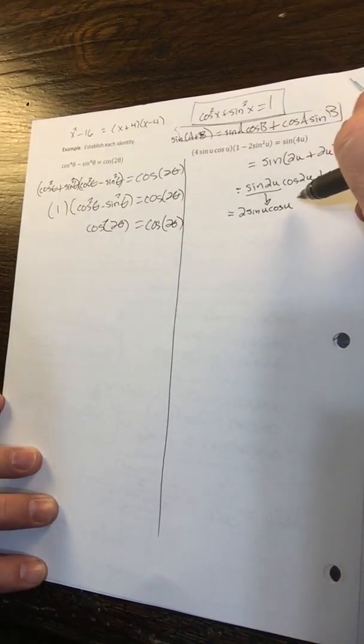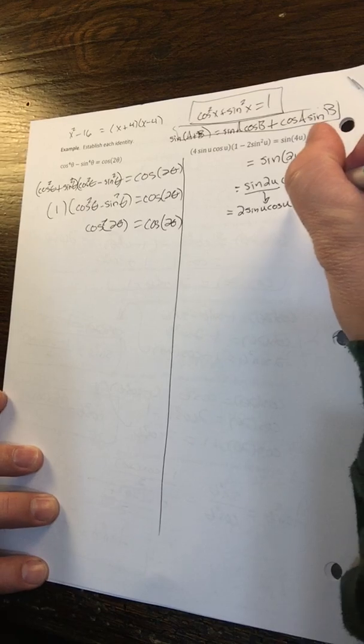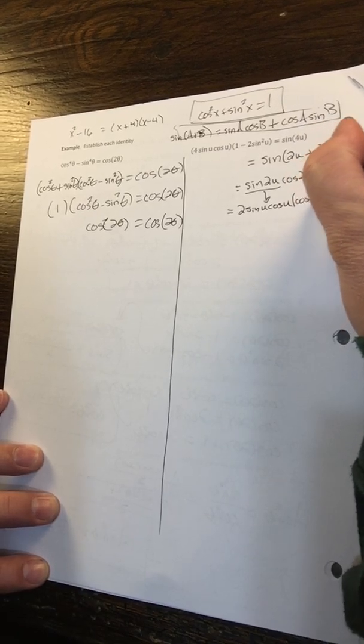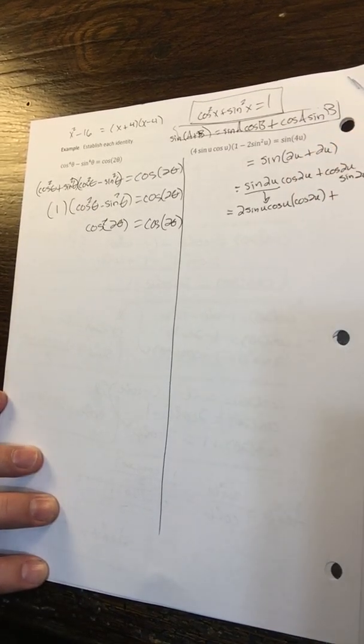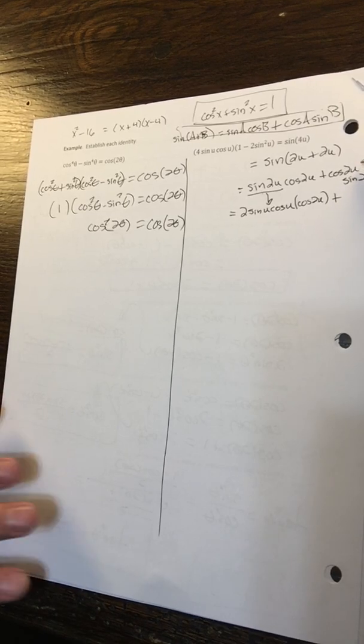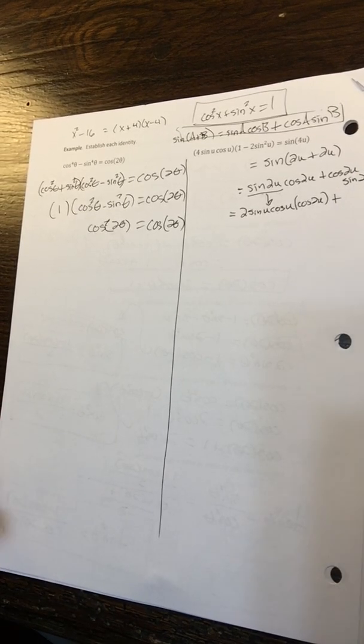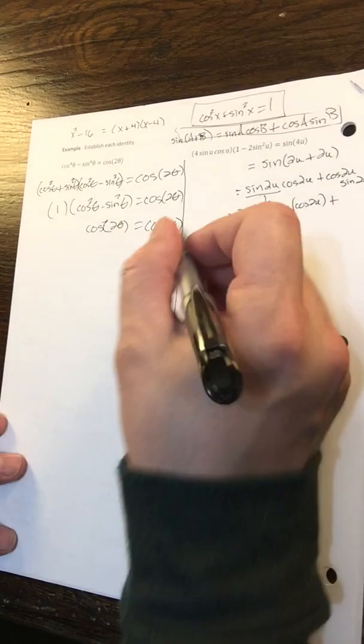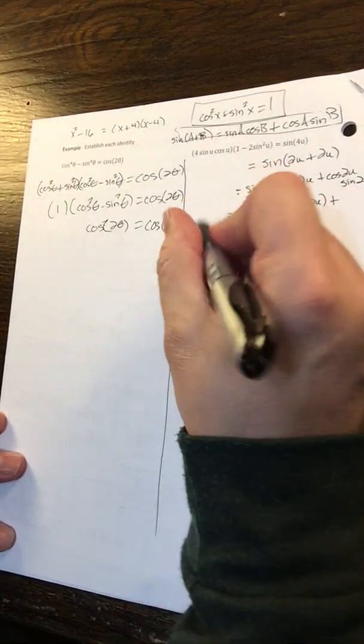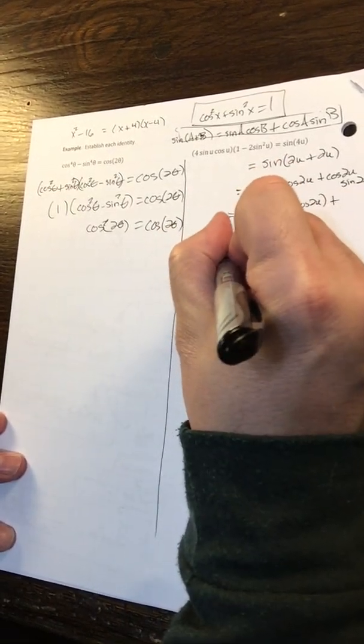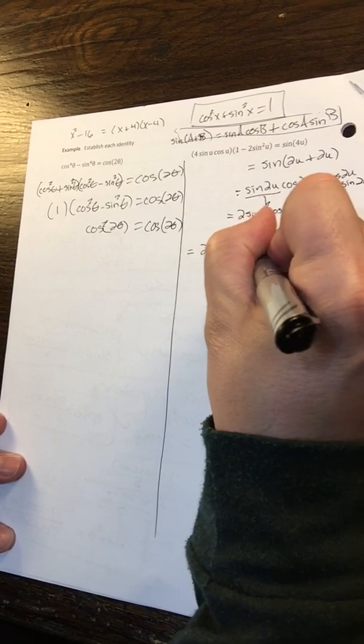Then the cosine of 2u, I'm just going to leave alone for a second because we have choices for the cosine of 2u. And then, oh God, what do we have here? The cosine of 2u times the sine of 2u. I need more room for this. I'm going to move my equal sign over here, sorry. I have 2 times the sine of u times the cosine of u.